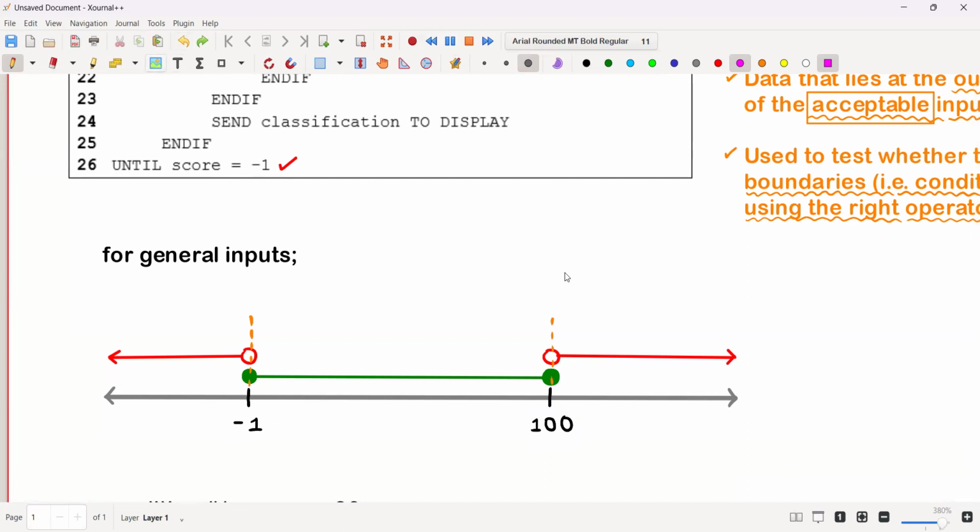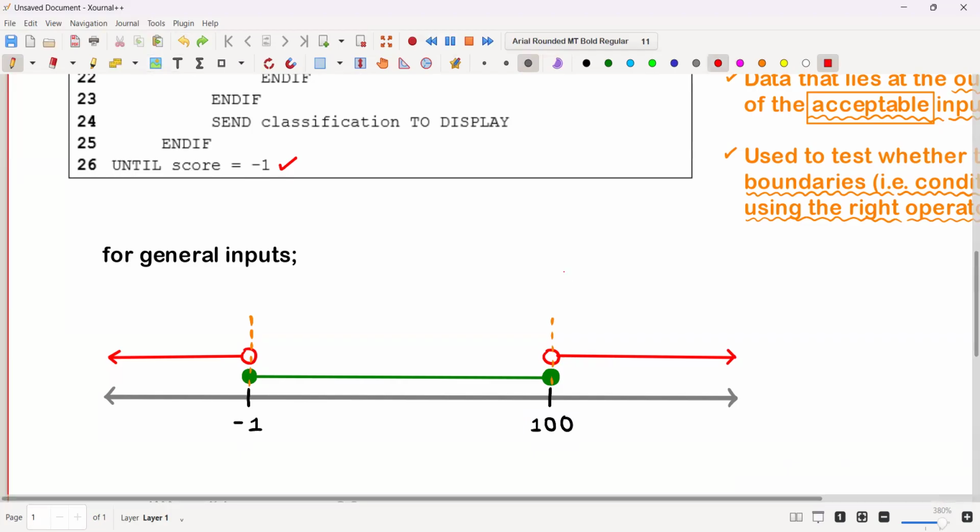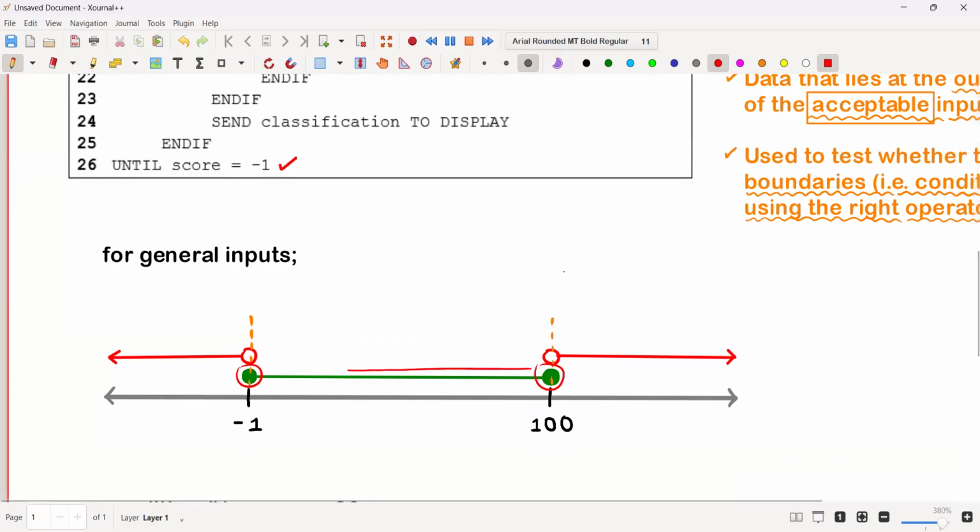Because they are inclusive boundaries, I have denoted a green dot on either boundary, with a line joining them. The fact that these two dots on -1 and 100 are colored in indicates that they're inclusive.